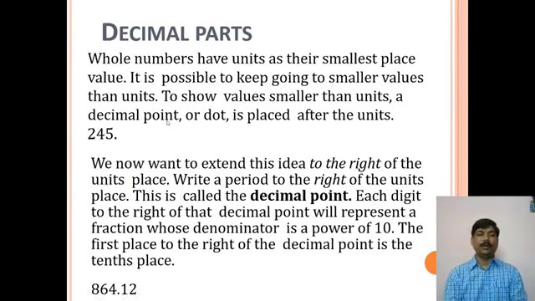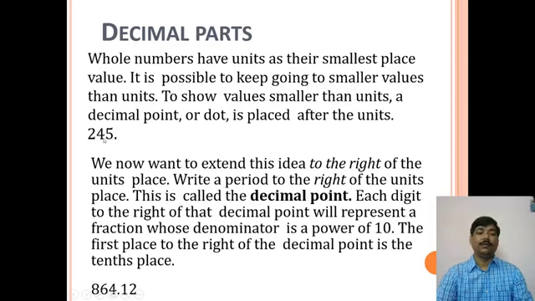Let us learn more about the decimal part. Whole numbers have units as their smallest place value. It is possible to keep going to smaller values than units. To show a value smaller than units, a decimal point or dot is placed after the unit place.